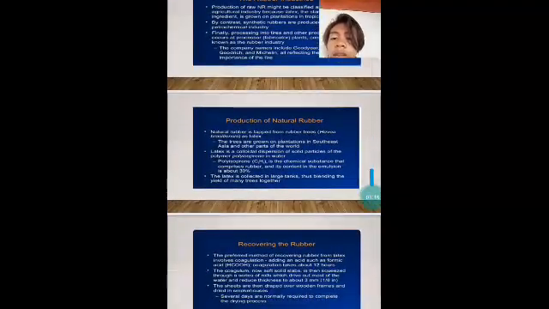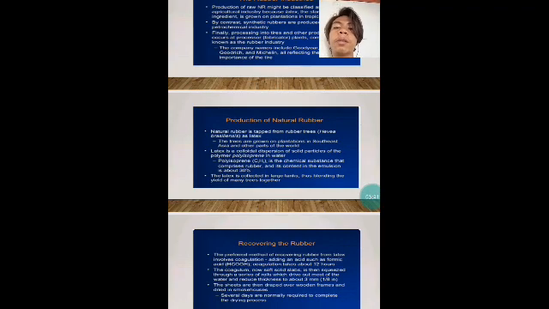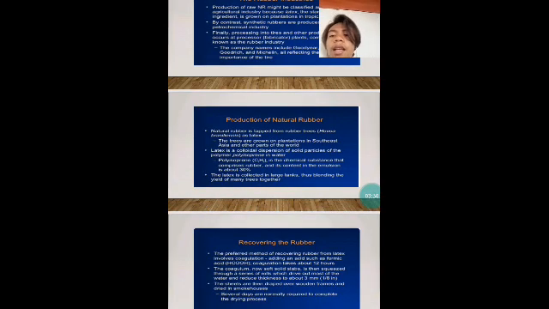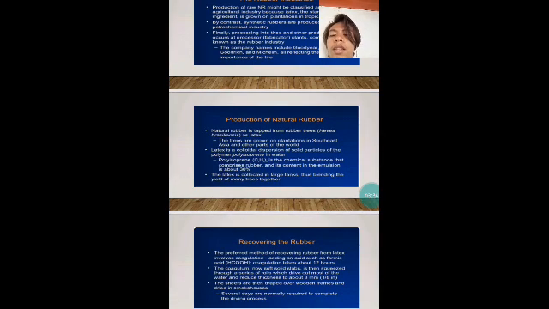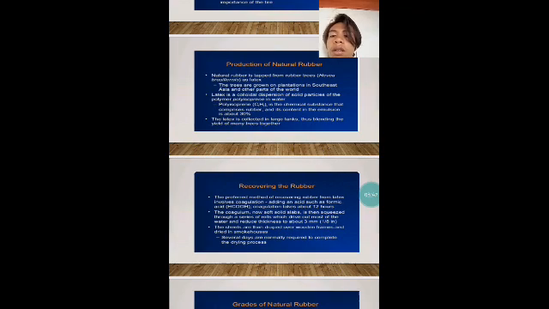Next, production of natural rubber. Natural rubber is tapped from rubber trees, Hevea brasiliensis, as latex. The trees are grown on plantations in Southeast Asia and other parts of the world. Latex is a colloidal dispersion of solid particles of the polymer polyisoprene in water.